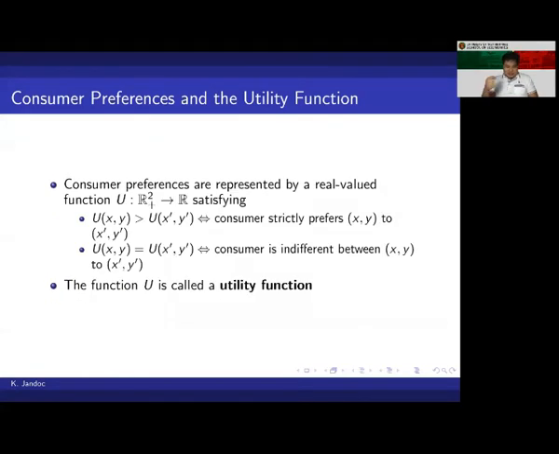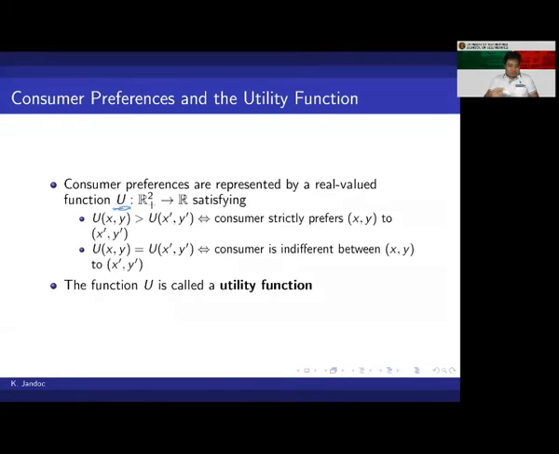Like I said, consumers have preferences over goods or bundles X and Y. So, for example, the bundle is two apples and one banana versus one banana and two apples. The consumer has preference over those bundles, and that preference is represented by a function, which we call U, or the utility function.